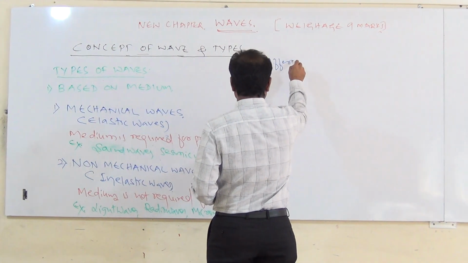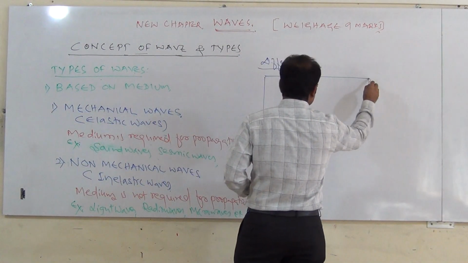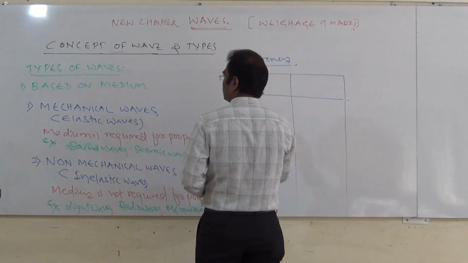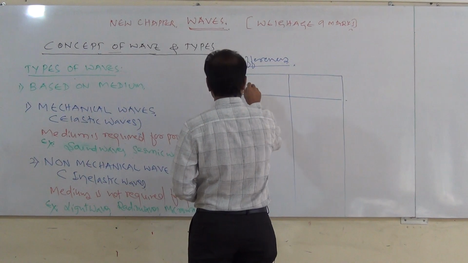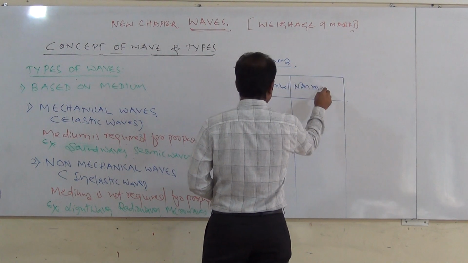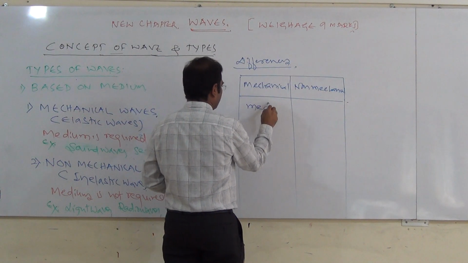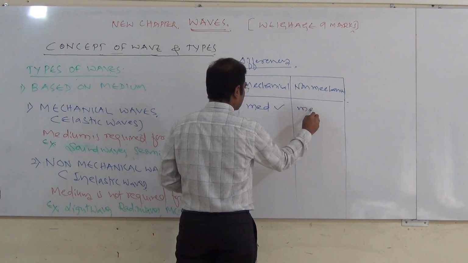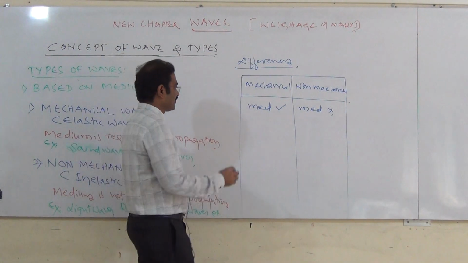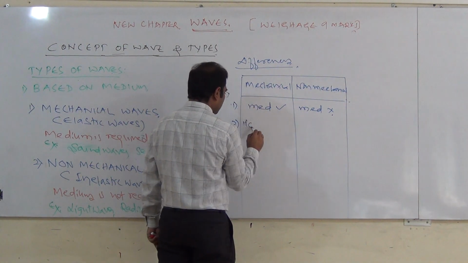Differences. So I make two columns for this. One is mechanical and another one is non-mechanical. Mechanical, medium is necessary. Here the medium is not necessary. The second one is they move with the lower speed.